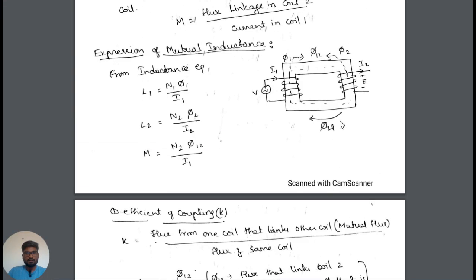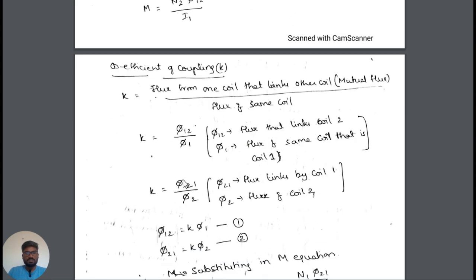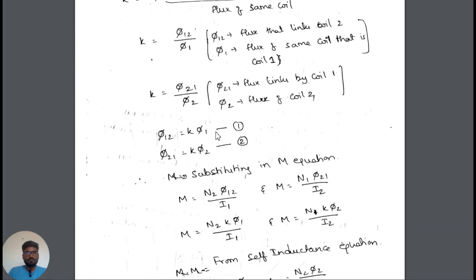Another point: if coil 1 generates flux that links the other coil and it generates a current, that current also produces a phi2 that also links with the first coil. That is expressed as phi21 by phi2.